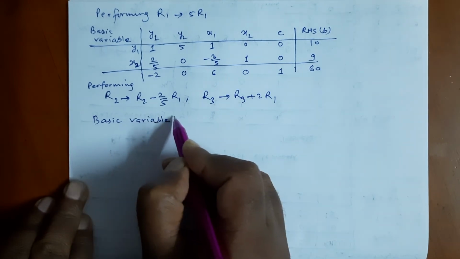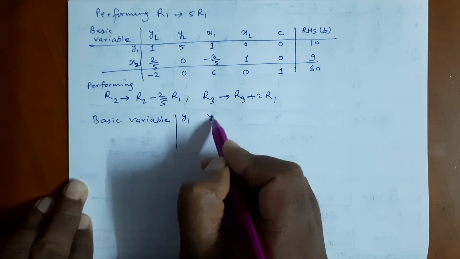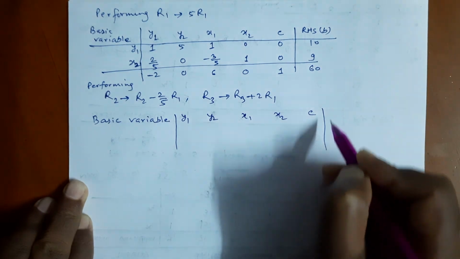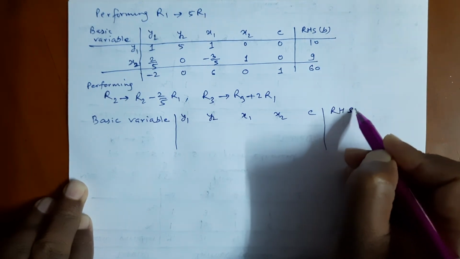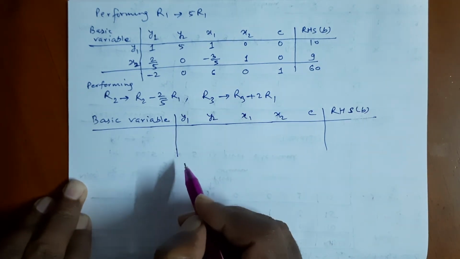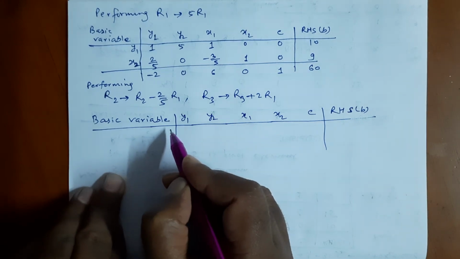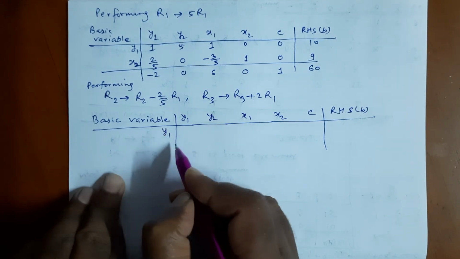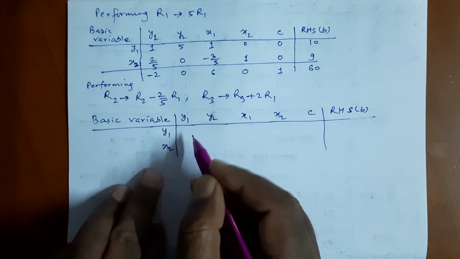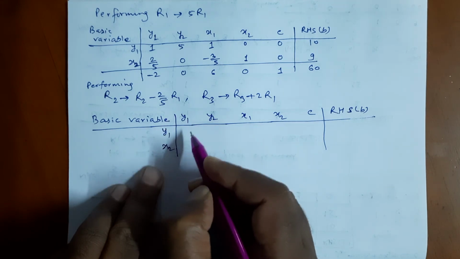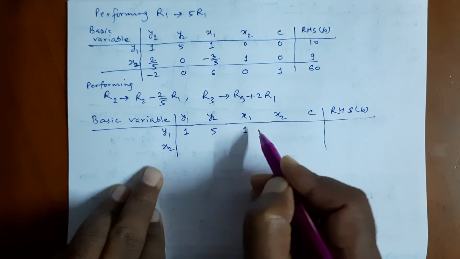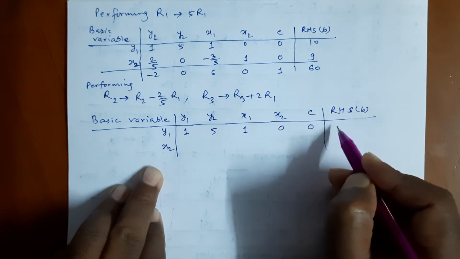Basic variable, y1, y2, x1, x2, c, and RHS there is b. And now here we have y1 and x2, and in the first row we have the elements the same: 1, 5, 1, 0, 0, and 10.